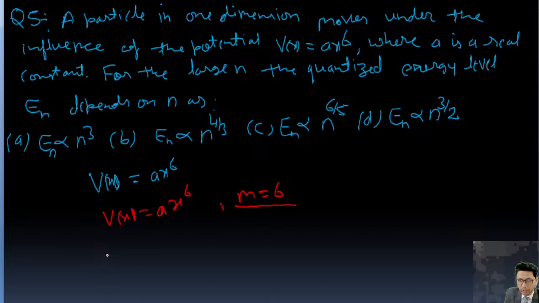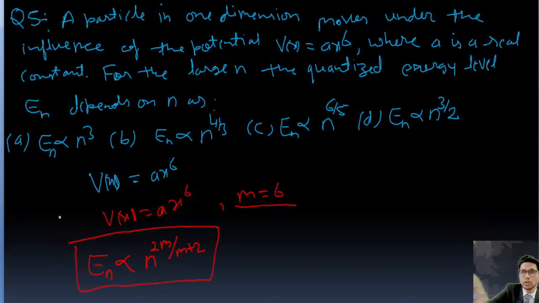So there is a trick. E_n is always proportional to n to the power 2m upon m plus 2. This is the formula we need to note down.